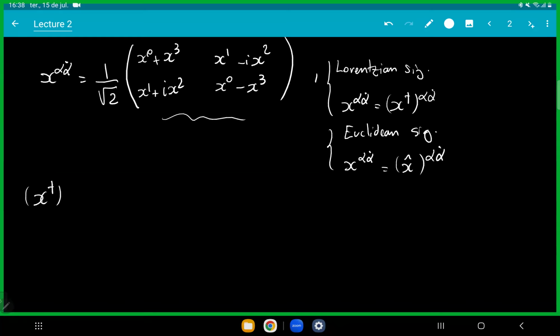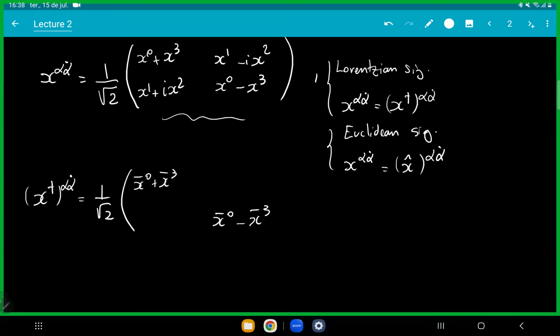This is the Lorentzian signature conjugation, if you will, where you take the complex conjugation. The diagonal elements remain in place, but you take the complex conjugate of each one of them.